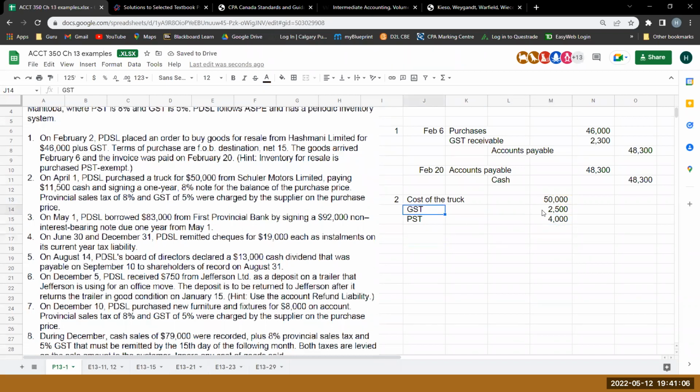Now, for the GST, we get to recover it, so GST is an input tax credit. PST is not. Any provincial sales tax that you paid, you're just going to have to add to the cost of the asset that you bought. So the truck's original base cost was $50,000, and the 8% provincial sales tax simply gets added.